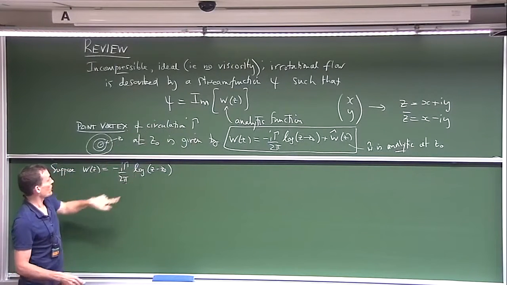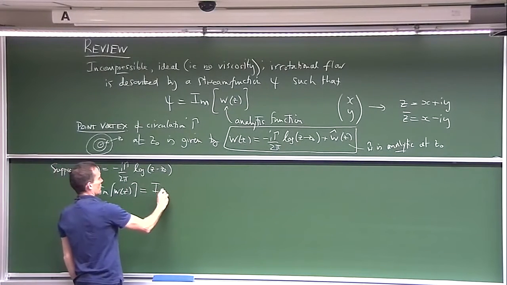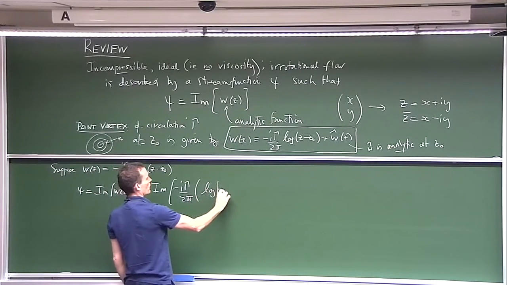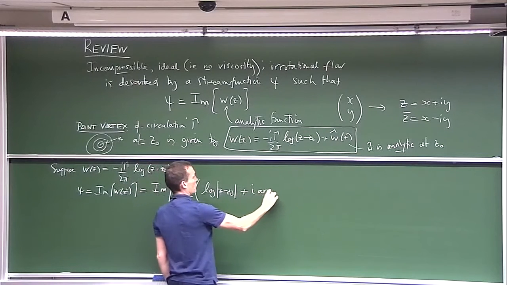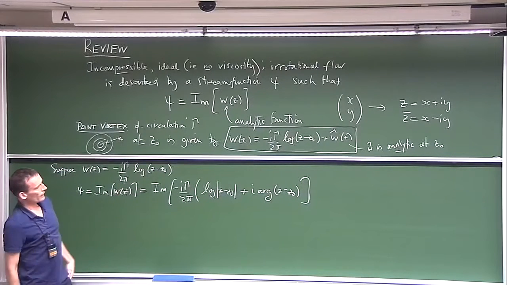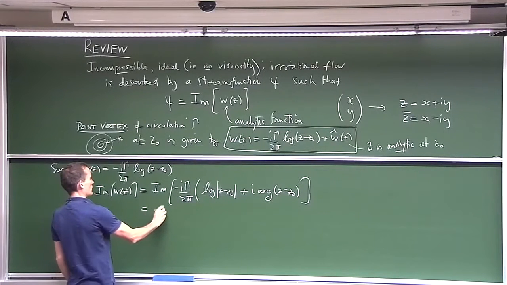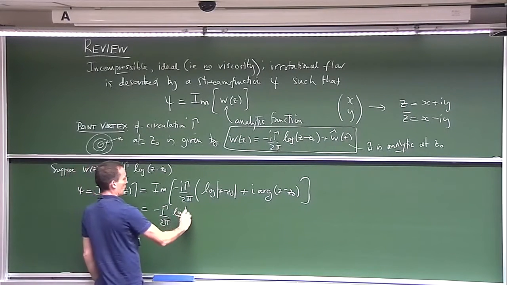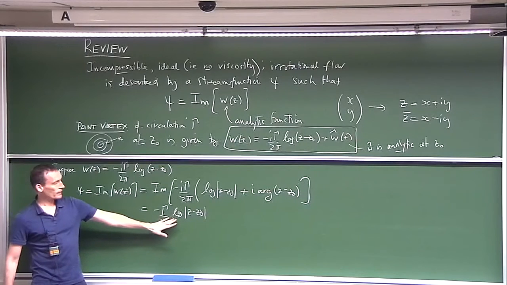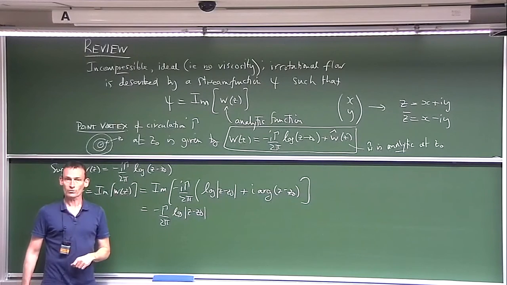So let's work out the imaginary part of this thing. And just remember that the complex logarithm looks like this: log of the modulus plus i times the argument. Okay, that's the complex logarithm there. And of course, the imaginary part is just this thing. And you can see that this is clearly only constant if the modulus of z minus z0 is constant, which gives circles centered at z0. Okay.